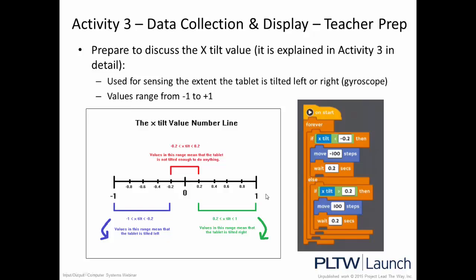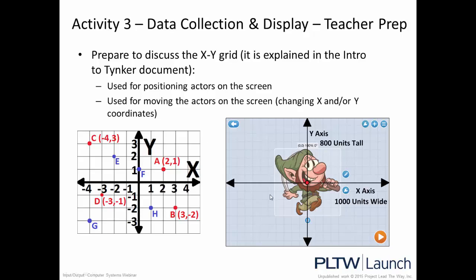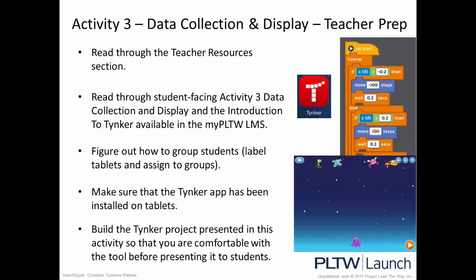Keeping that in mind, the game they're going to design is about this character down here in purple. The goal of the game is to catch all these four characters that keep falling from the sky. They fall down the screen, and the player has to tilt the tablet left or right to make the purple character move left or right and collide with those falling objects to collect points.